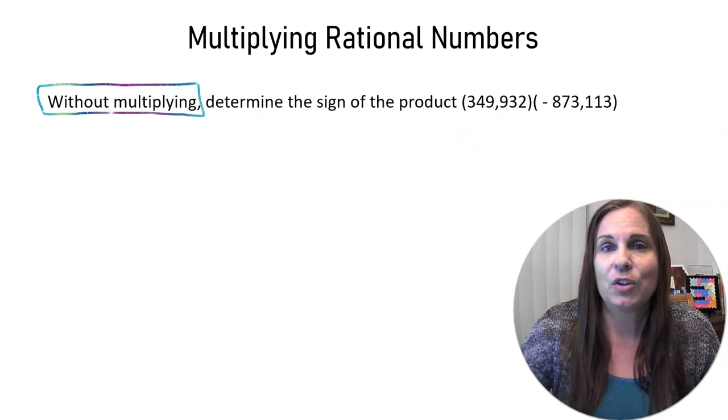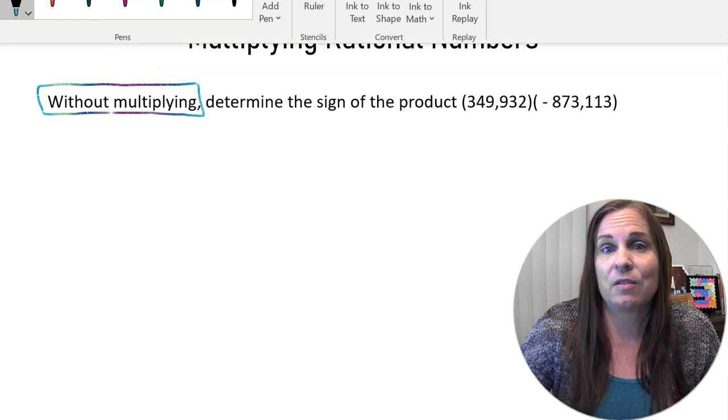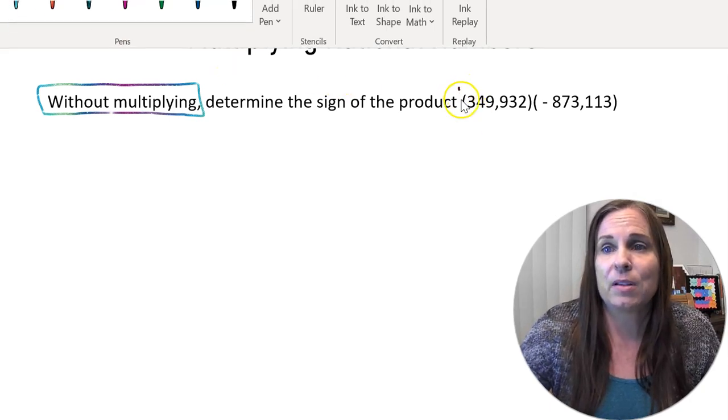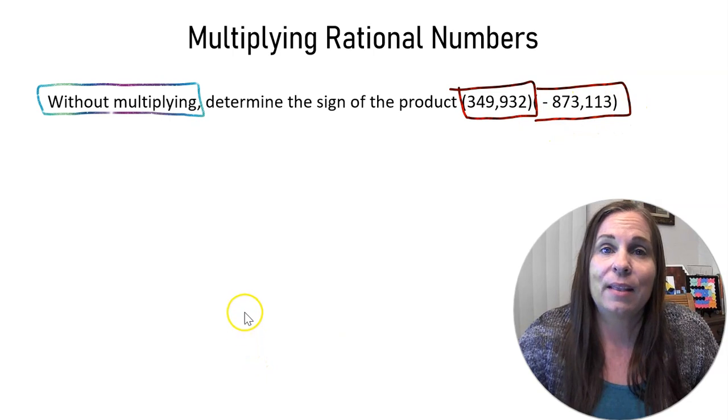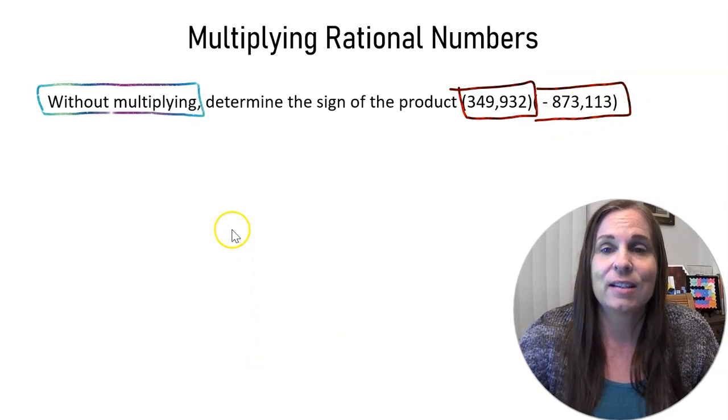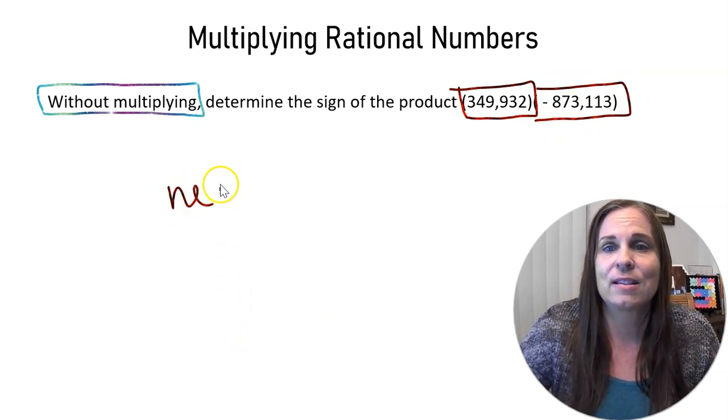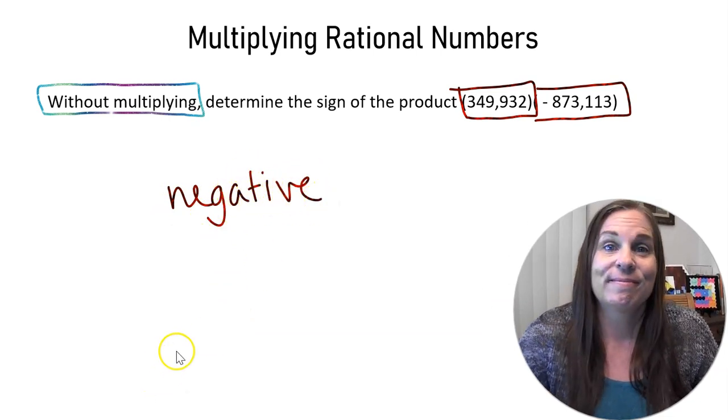So all we have to look for is what the signs of the numbers are, right? We have a positive number and a negative number. And when you multiply and the signs are different, the answer is negative. Done.